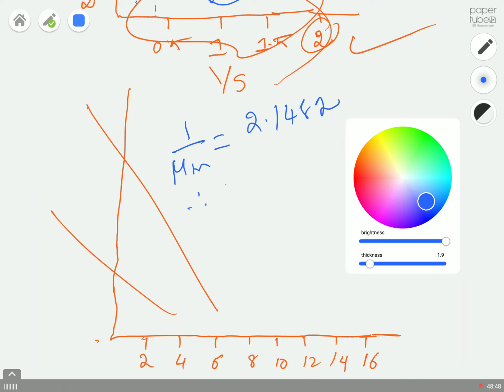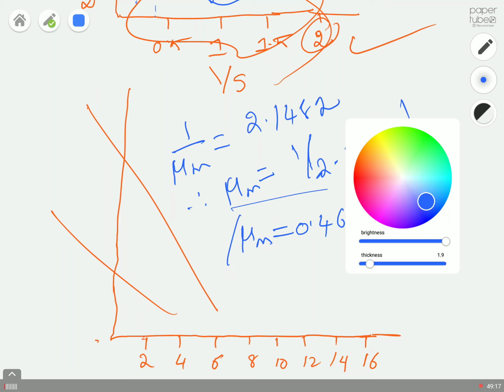Therefore your maximum specific growth rate will be equal to 1 by 2.1482. Let me calculate. So your mu max, or maximum specific growth rate, is 0.465, 1 by hours.